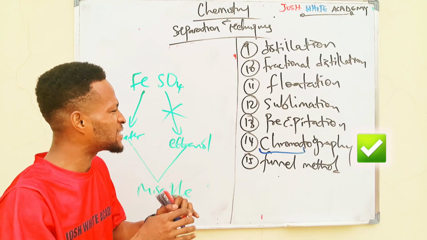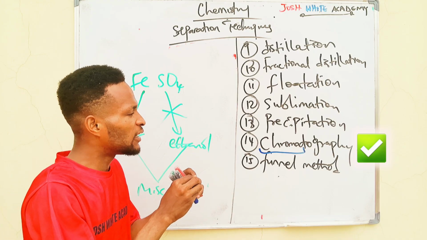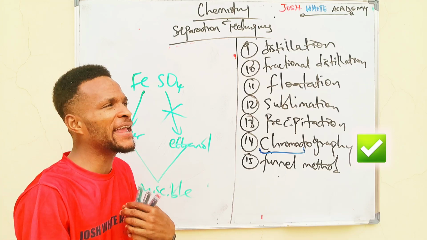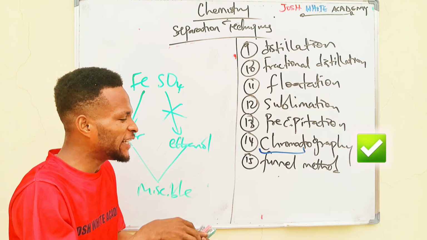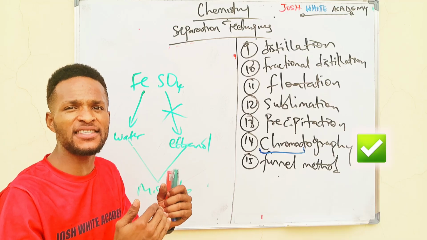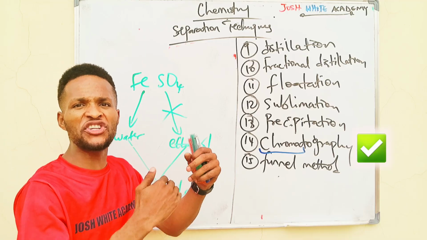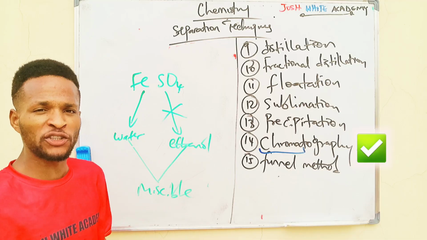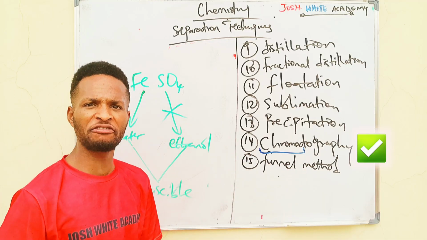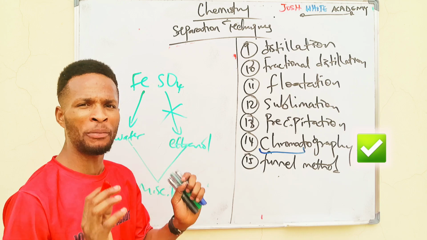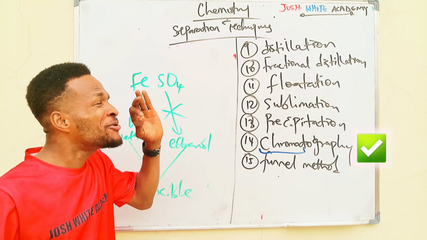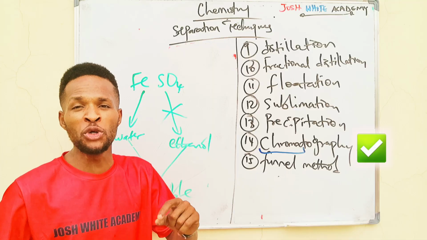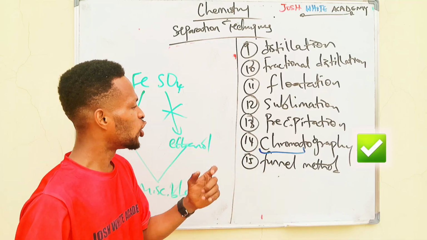Chromatography is used to separate the components of a mixture by taking into consideration their differences in the rate at which they move in an absorbent, like in the case of paper chromatography or column chromatography. We also have gas chromatography. Most times, when you desire to know the different components of a color, you use this process called chromatography.